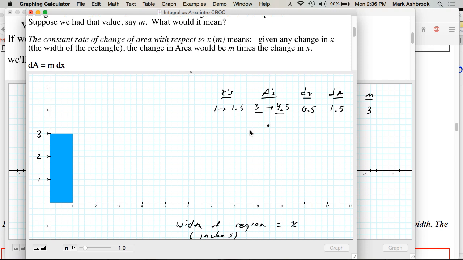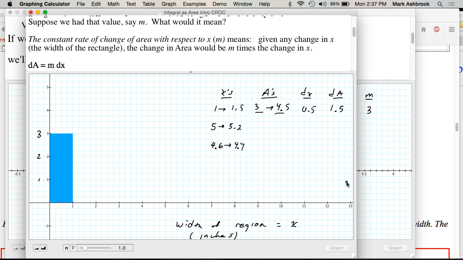Okay, so I want you to do it for 5 to 5.2 and 4.6 to 4.7, say. We'll just do 3 examples there. So how does the area change as x changes from 5 to 5.2?